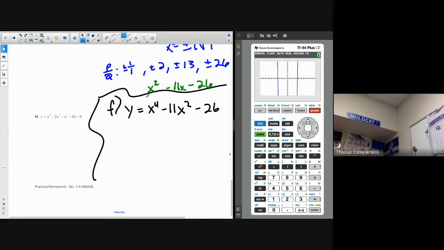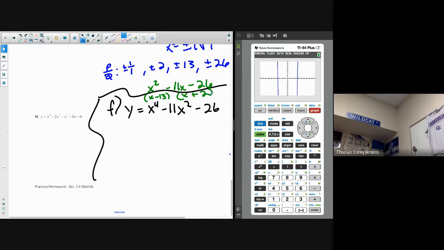You'd say, oh, it starts with x squared, so it's going to be x plus or minus something times x plus or minus something. So then you would think, what's going to multiply to negative 26 and add to negative 11? I think that'd be negative 13 and positive 2. So minus 13 plus 2. And then you would have it factored, okay?